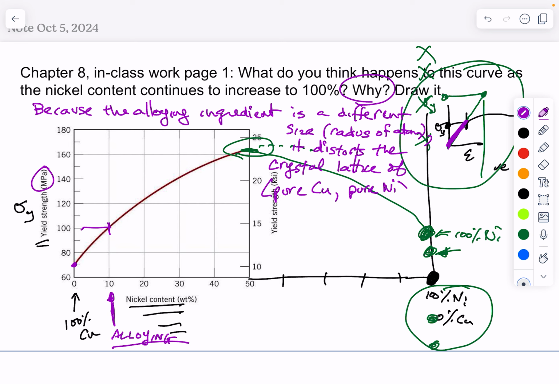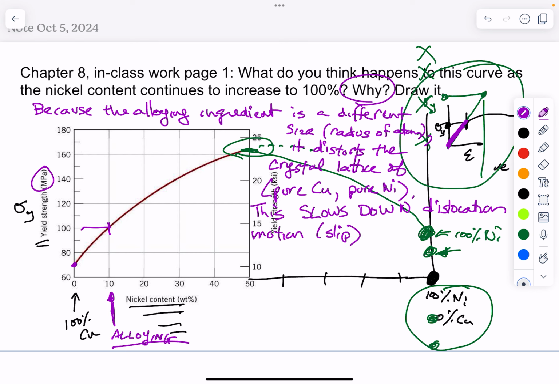Either way, once we begin to add something else, it distorts the lattice. This slows down dislocation motion, which is called slip.